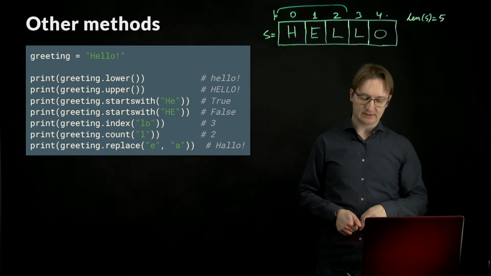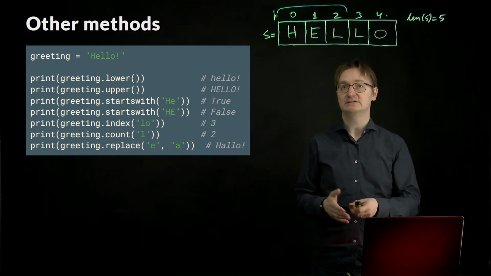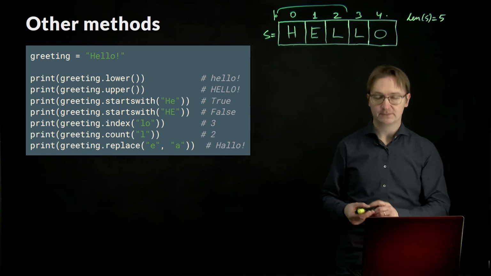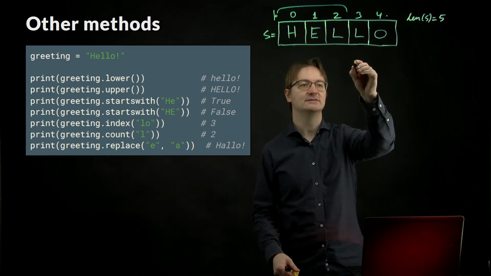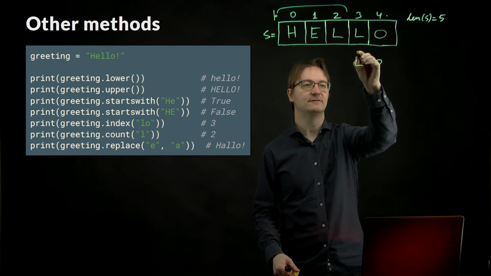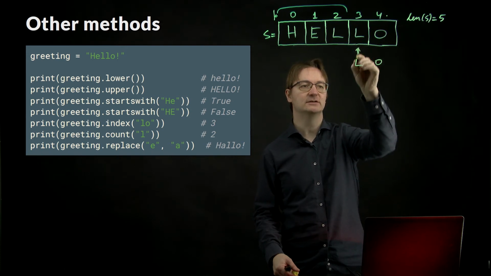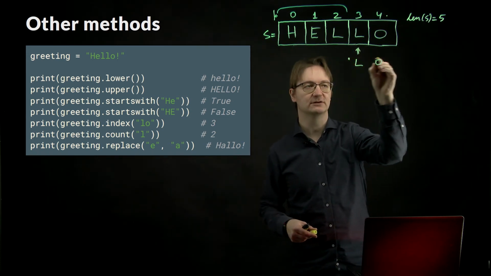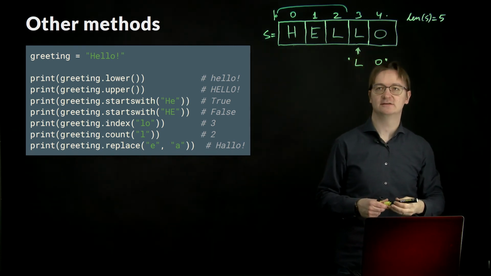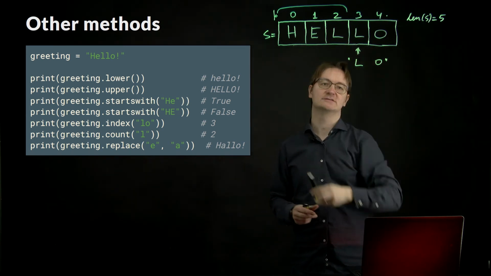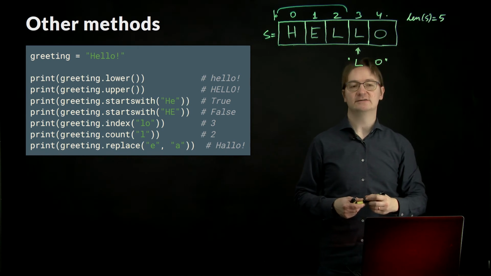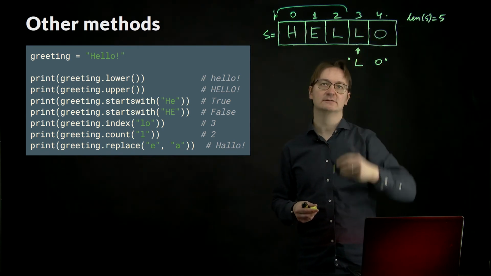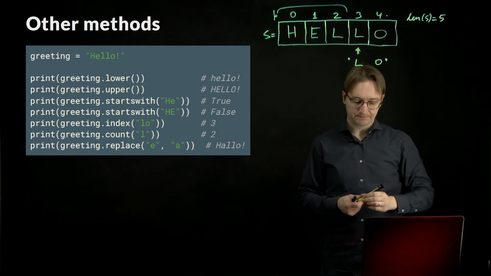You can get the index or the position, basically, if you are looking for L and O, then it finds out the position where this substring is inside this bigger string, and it finds the starting position. So here it should return 3.